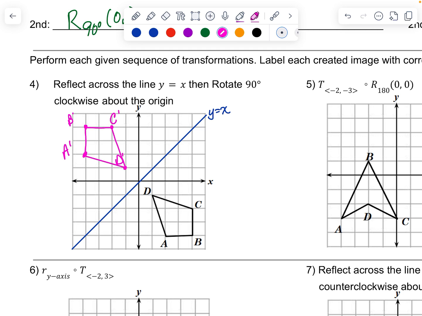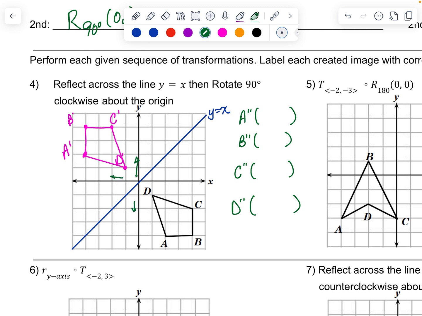Now I need to rotate this 90 degrees clockwise about the origin. So that means I'm going to turn my paper. I'm going to have an A double prime, a B double prime, a C double prime, and a D double prime. So I'm going to turn my paper just like I did with the rotations. Now, this is my positive x, and this is negative x.